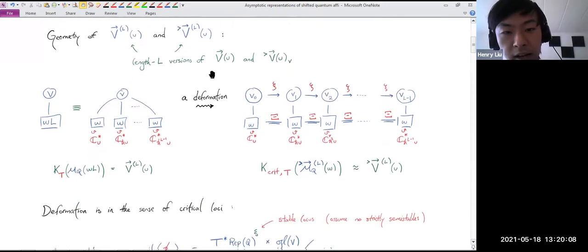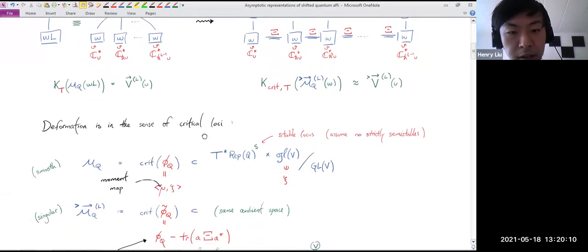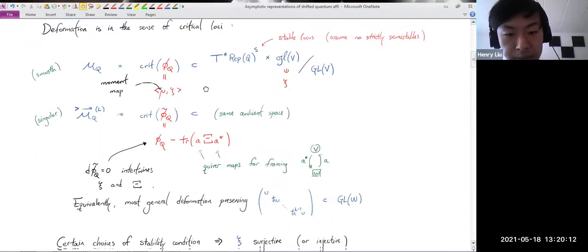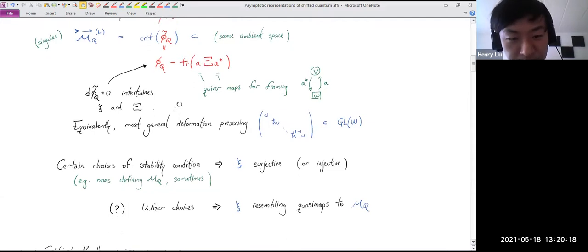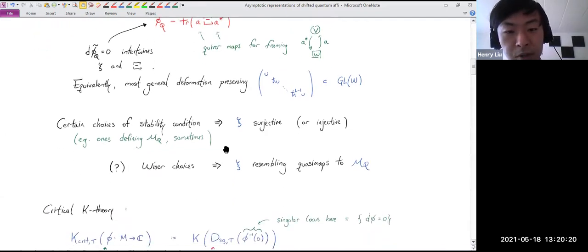And I think the original goal of that project, if I can speak for them, was actually to study shifted quantum affine algebras acting on the modular quasimaps. So the hope is that there is some wiser choice of stability which will make these chains into quasimaps.